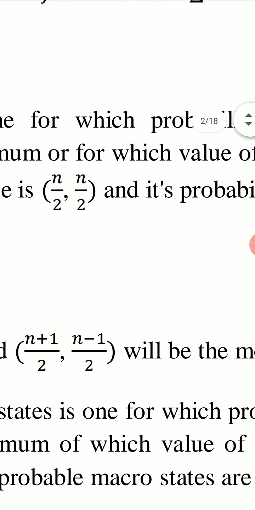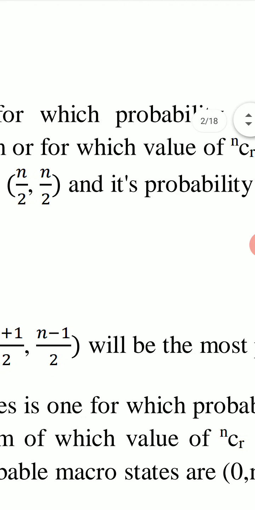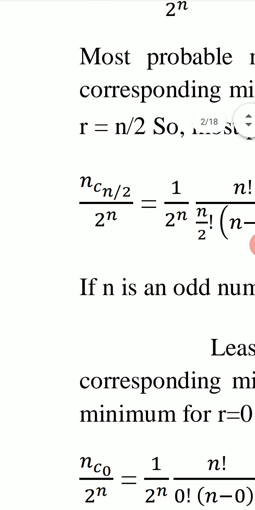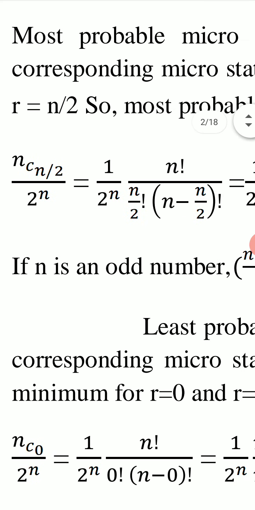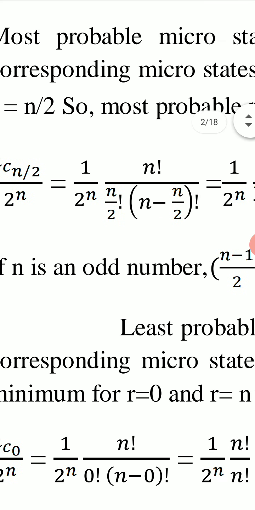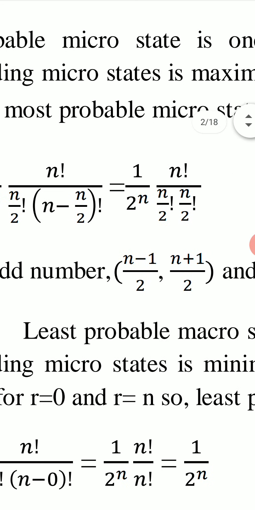The probability of this macrostate is maximum, and its probability is given by NC n by 2 divided by 2 to the power n. So it is 1 upon 2 to the power n, and NC n by 2 is given by factorial n upon factorial n by 2 into factorial n minus n by 2. So it is 1 upon 2 to the power n times factorial n divided by factorial n by 2 into factorial n by 2.